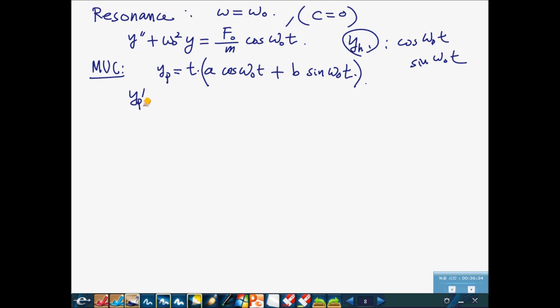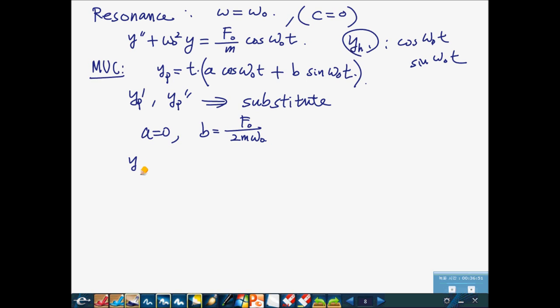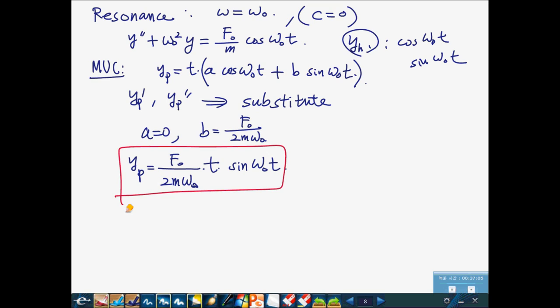And, you do yp double prime and substitute. And, you get finally A is 0 and B is f naught over 2m omega naught. So our final yp will be f0 over 2m omega naught times t times sine omega naught t. Okay, that's our particular solution. Okay?